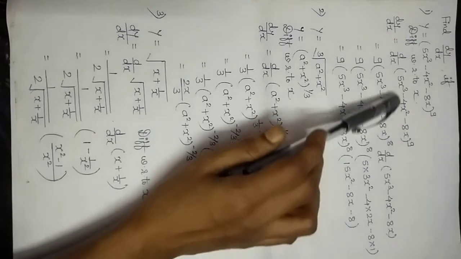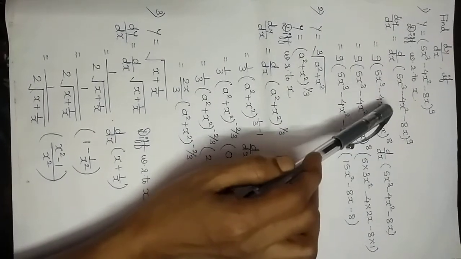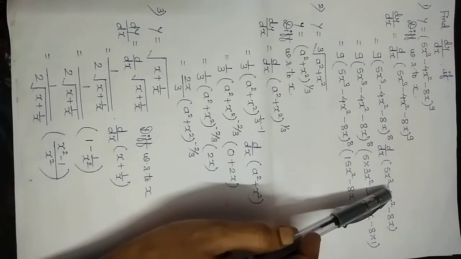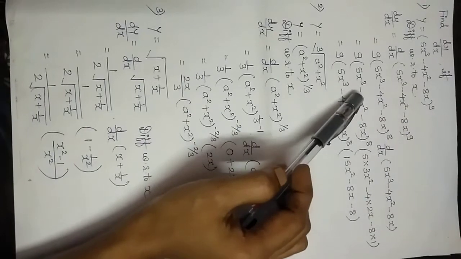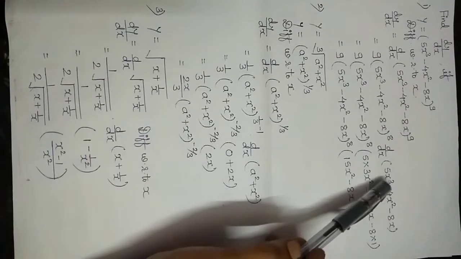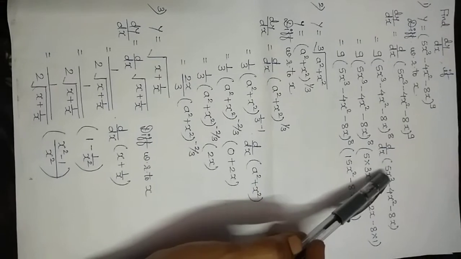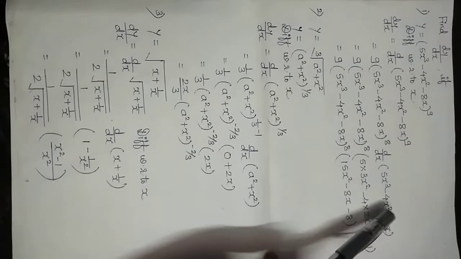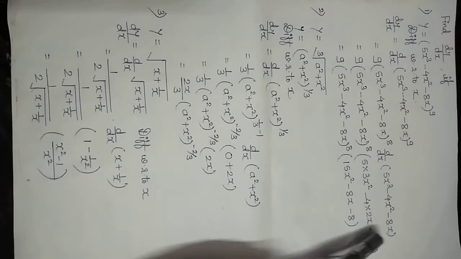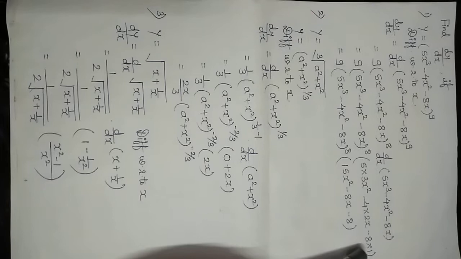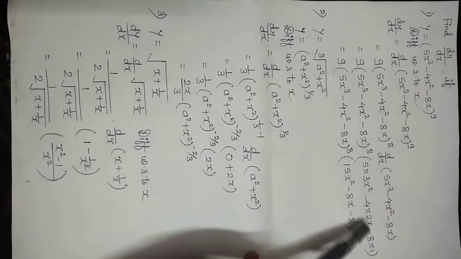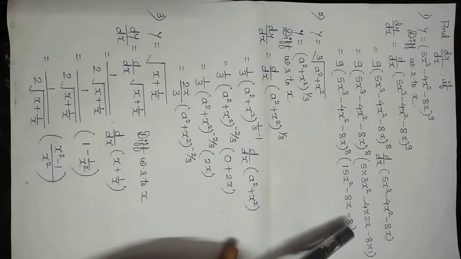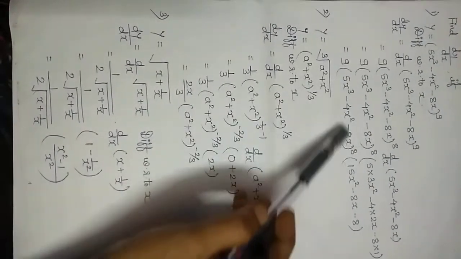And the term which we are considering as x, again derivative of that term, because this is the chain rule. So keeping this term as it is, derivative of 5x cube is 15x square, minus derivative of 4x square is 8x, minus derivative of 8x is 8.